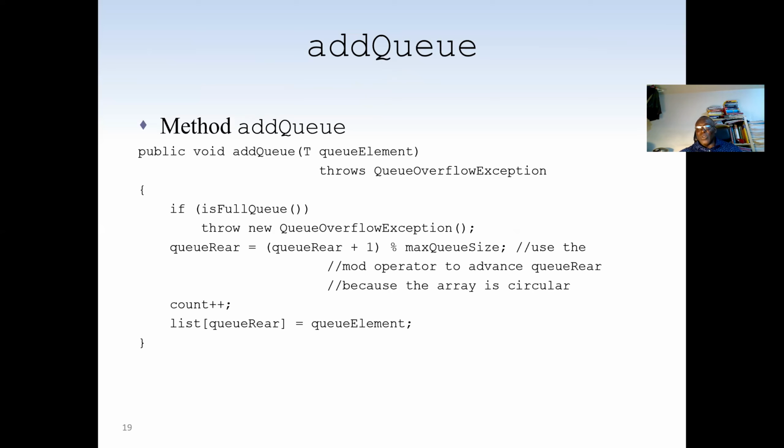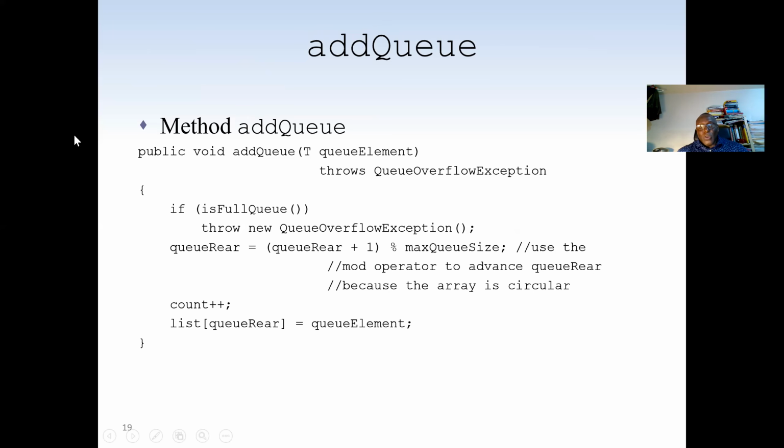And also, when we are assigning the value to the queue, it means we have to increment the queue rear, because we're inserting from the rear. The reason why I say we should increment the count variable is that it will keep track of the number of elements in the queue. So anytime we insert an element to the queue, we increment the count variable. Anytime we remove an element from the queue, we decrement the count variable.